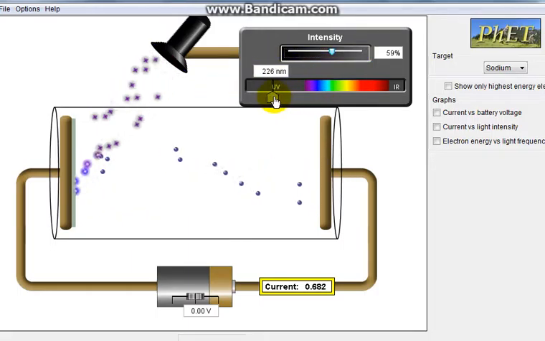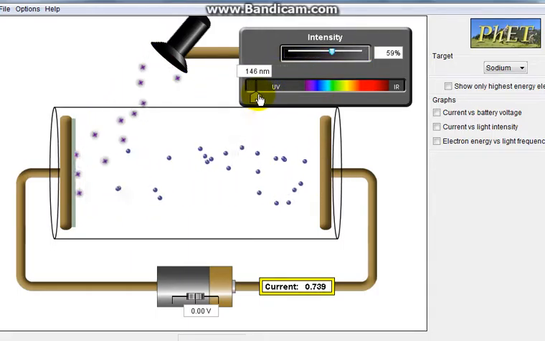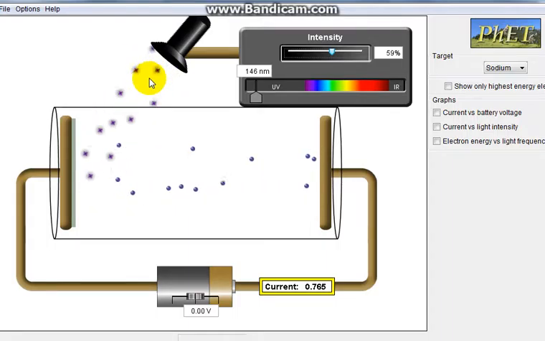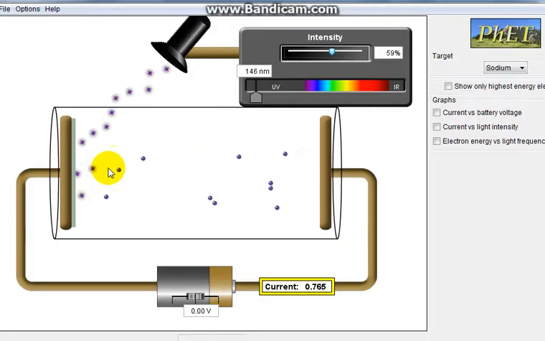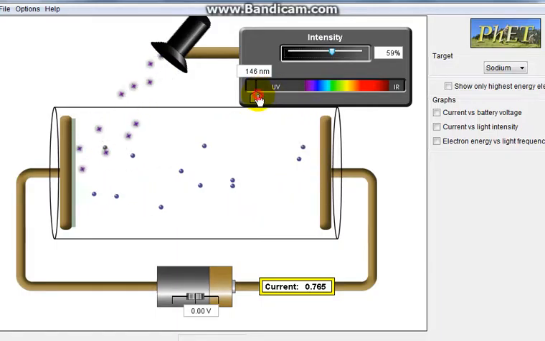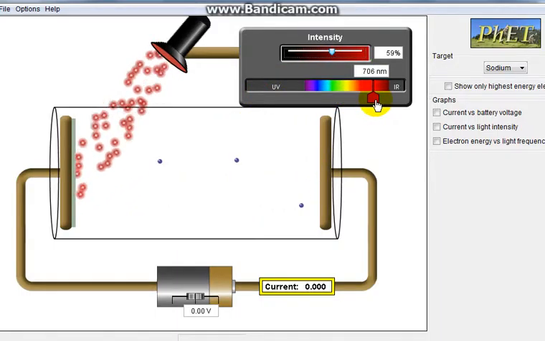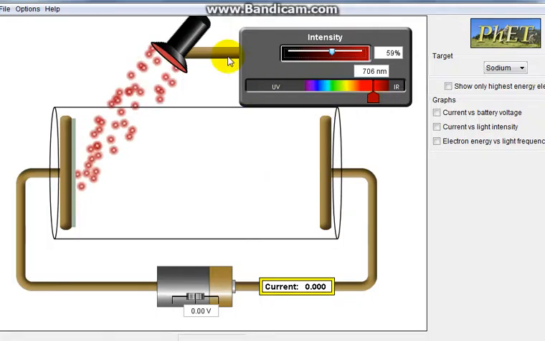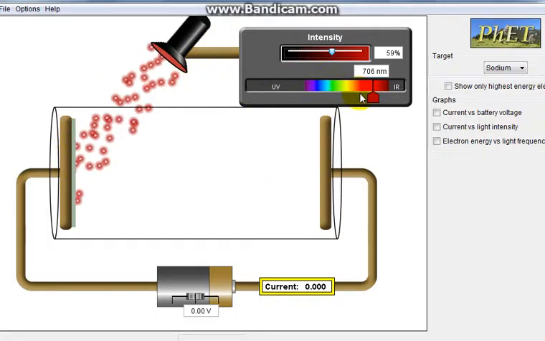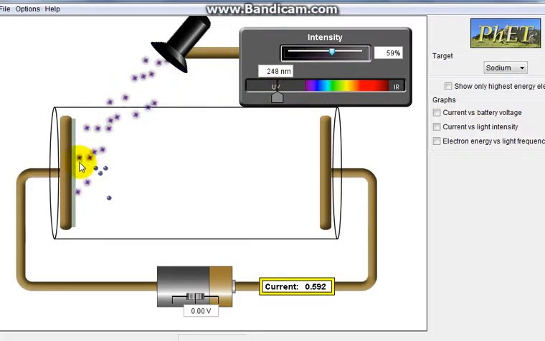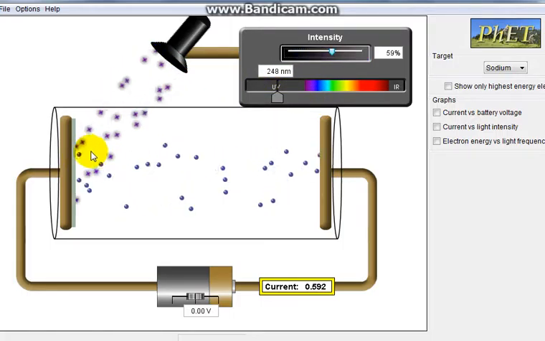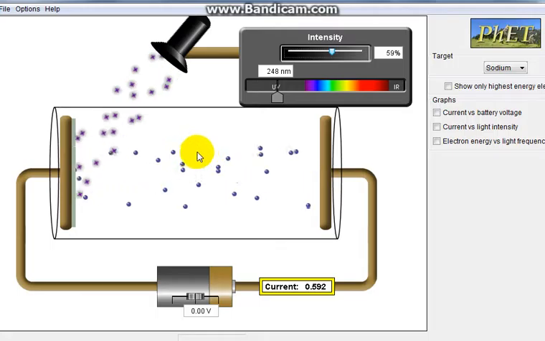If I increase the frequency, I have fewer of these photons, and the electrons are going extremely fast. So one thing you need to realize is that at low frequencies or high wavelengths, we send out a lot of photons. As we increase frequency, we must be increasing the energy of these photons, because they're giving the electrons more energy.